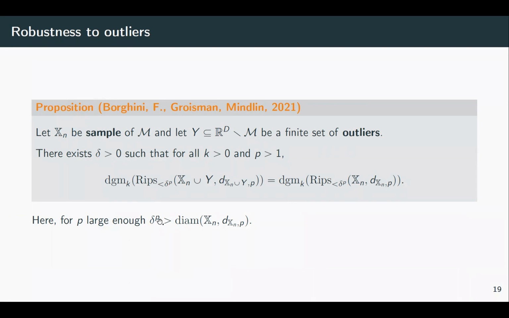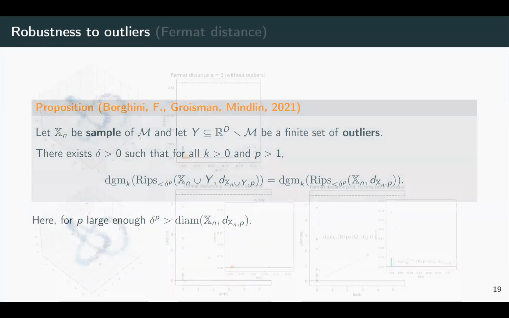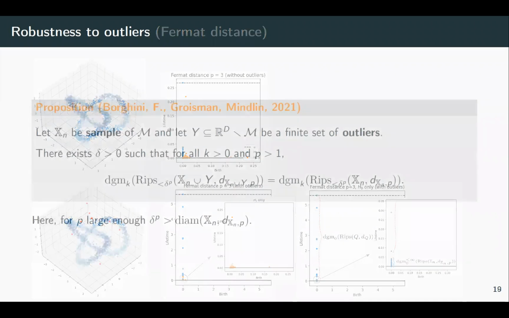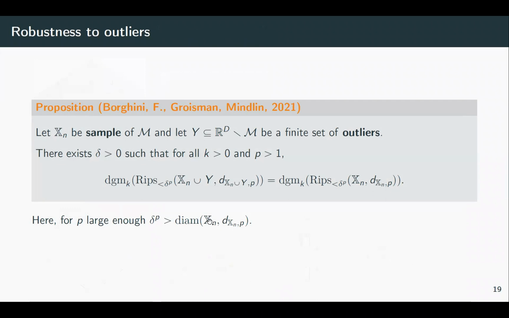That is not a problem because in general, this parameter is greater than some reasonable parameter that you use when you compute or plot the diagram. In general, you have an upper bound in the diagram, and a reasonable choice of an upper bound for the parameter of the filtration is the diameter of the sample, because after this filtration parameter, your Rips complex is just a complete simplex, so the homology is trivial. You have no interesting information after this filtration parameter.